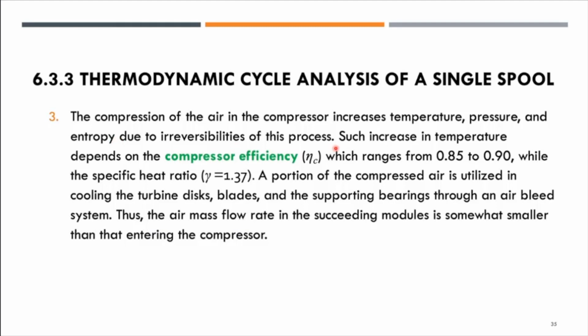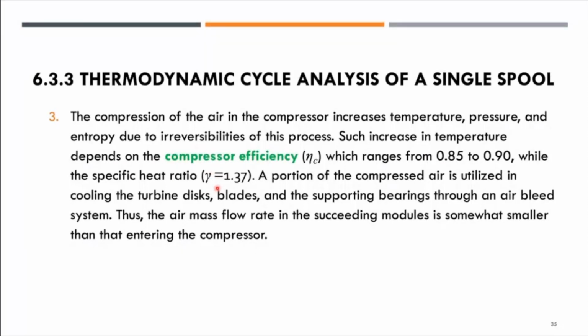So such increase in temperature will depend on zeta C, which is the compressor efficiency, which ranges from 0.85 to 0.9, while the specific heat ratio is already, we are using gamma equal to 1.37.